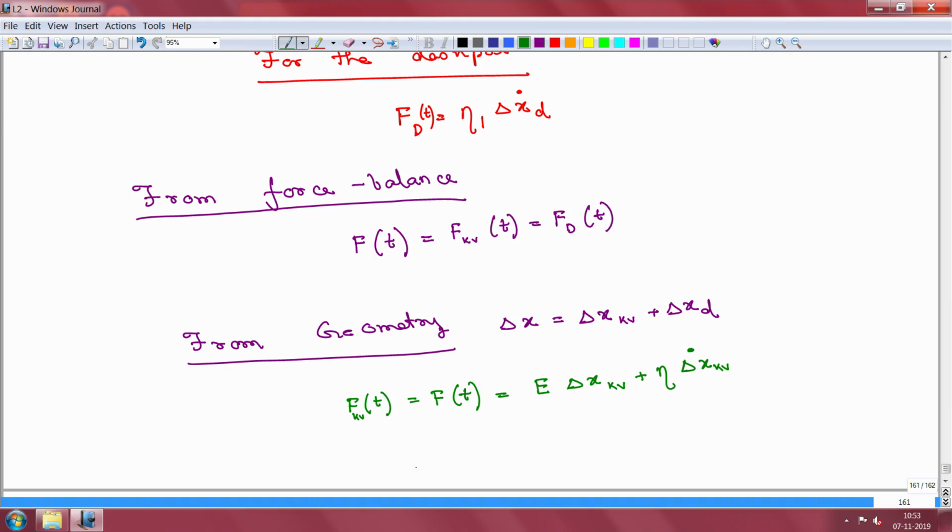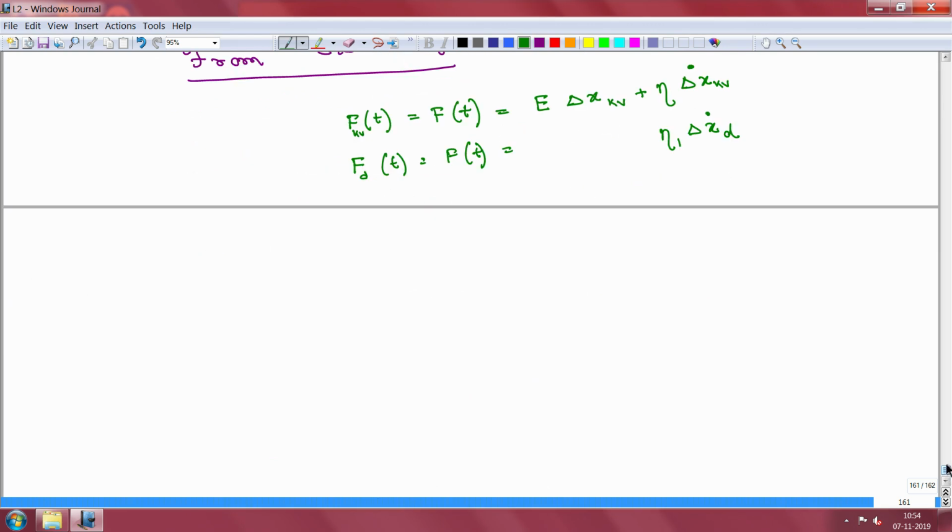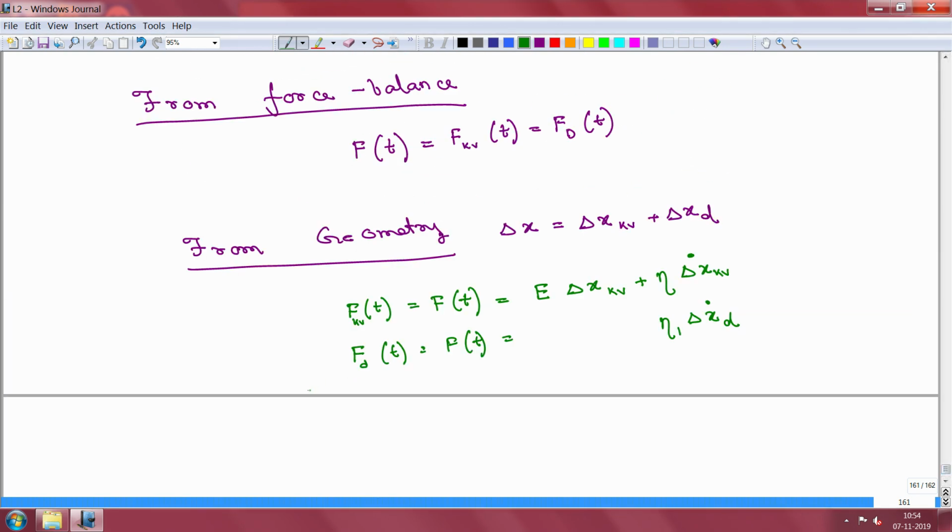So, this is the expression for the first case, and for the second case we have force in the dashpot is again equivalent to the system force, because we have seen that, and that is equal to now eta 1 delta x dot, right. And now we want to add these two expressions, right. So, that is what we want to do, and we cannot add these two up easily, because you have different. You can add.